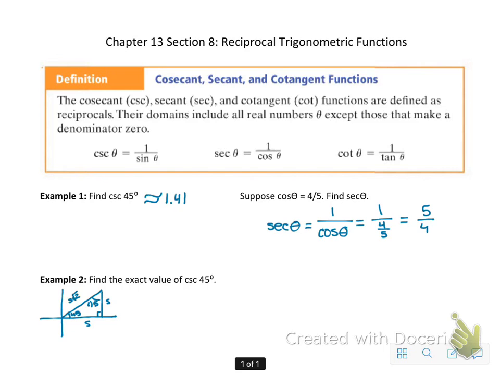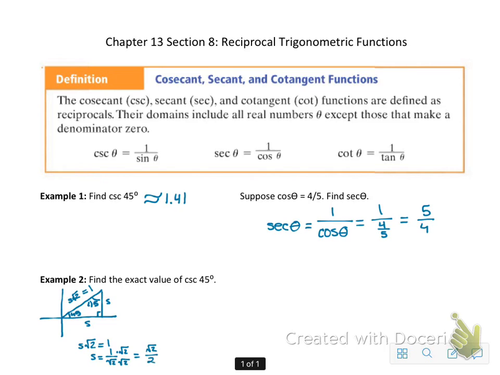Now this is on a unit circle, so S root 2 is equal to 1, because the radius on a unit circle is 1, just in case you forgot. So S is 1 over root 2, and remember, we can't leave a square root in the denominator, so you multiply by the square root of 2 on top and bottom, and you get root 2 over 2.